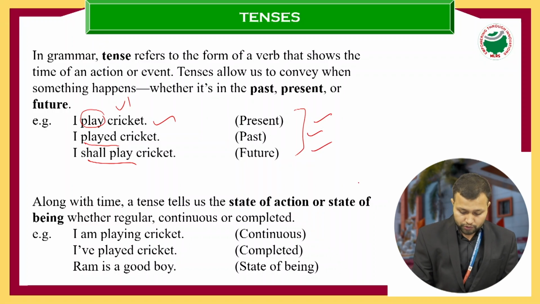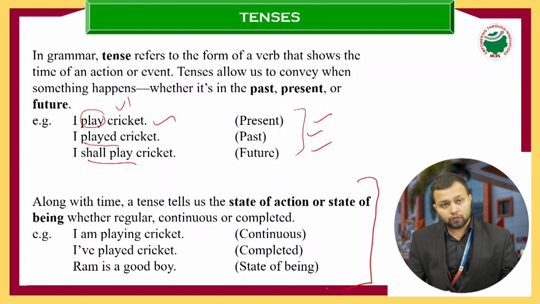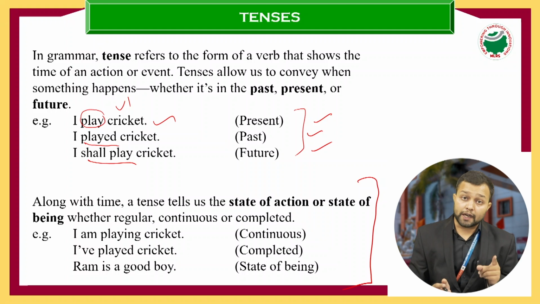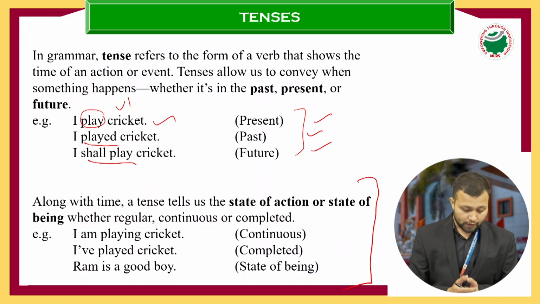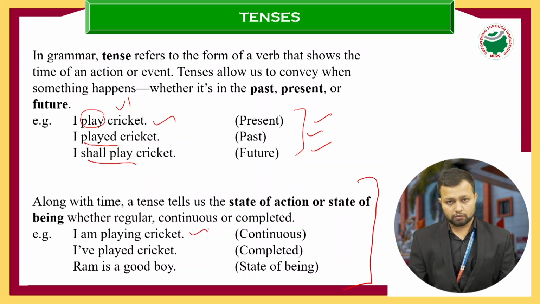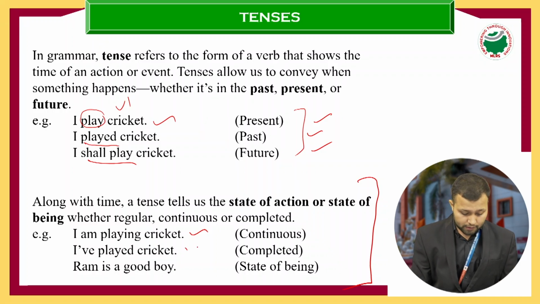One more thing you should keep in mind is that along with time, a tense tells us the state of action, whether it is completed, continuous, or regular. For example, I am playing cricket. It is a continuous action, like I am teaching you tenses. Next, I have played cricket.